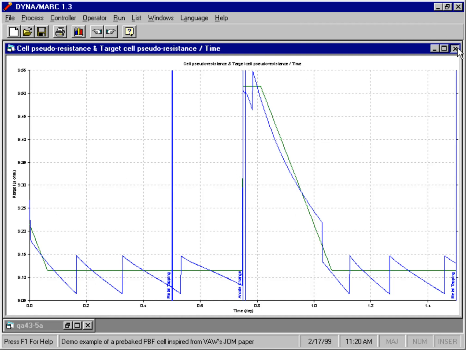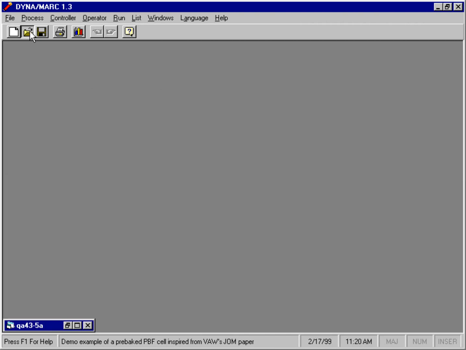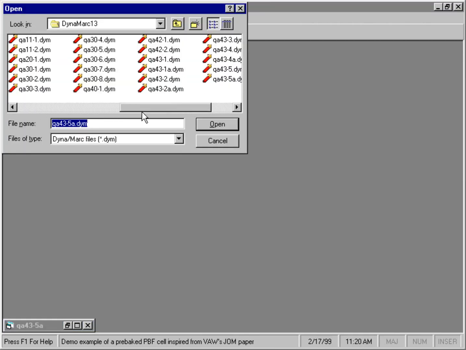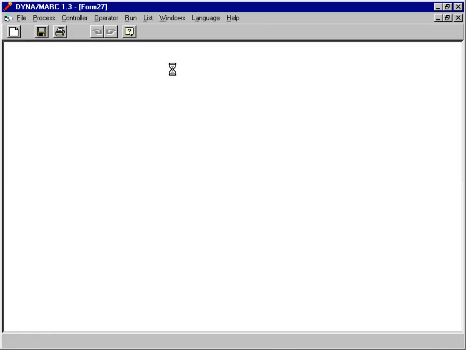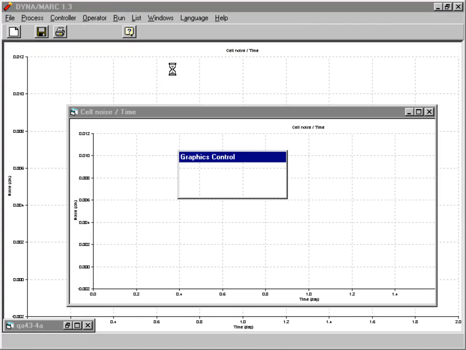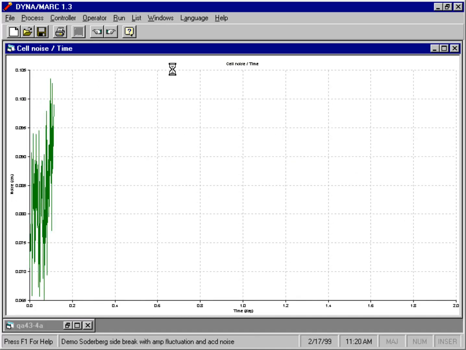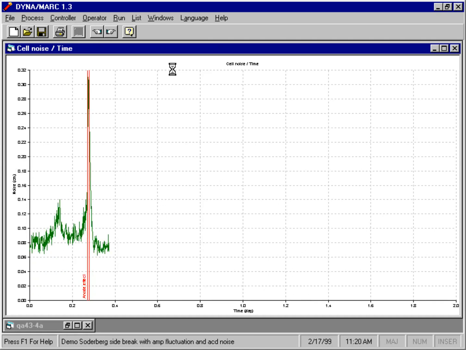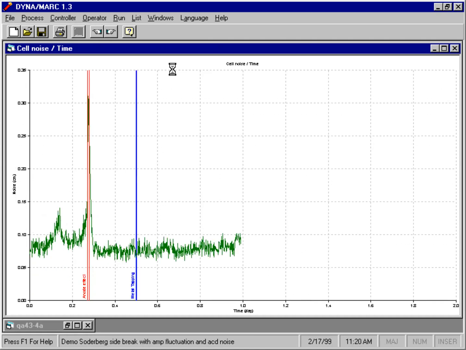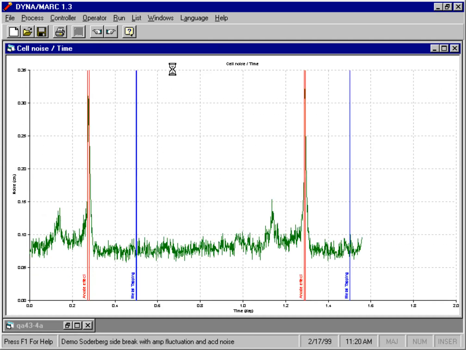Next addition is instability treatment. Here we first trigger the noise simulation.